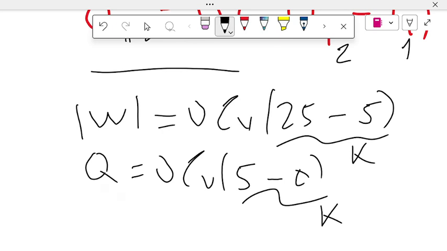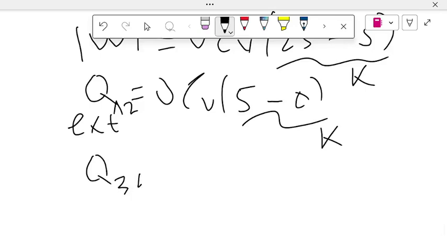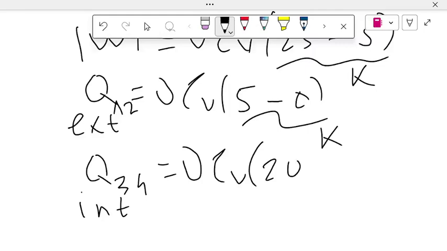Here there is 1, 2, here is heat from the exterior, and from the interior, let's say 3, 4, is the final value minus the initial value.